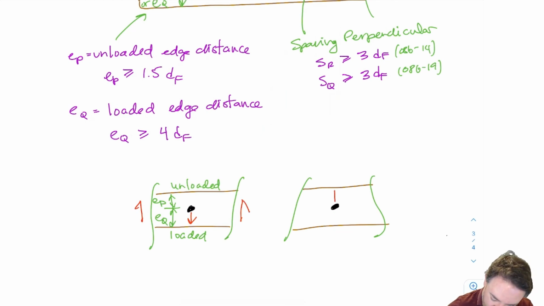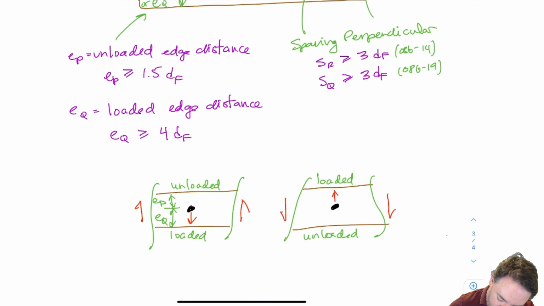Now in the reverse case where the bolt is pushing up and the shear is pushing down, now my top edge is the loaded edge and my bottom edge is the unloaded edge. And so my EP and EQ are going to switch, and the top distance will be my EQ and the bottom distance will be my EP.